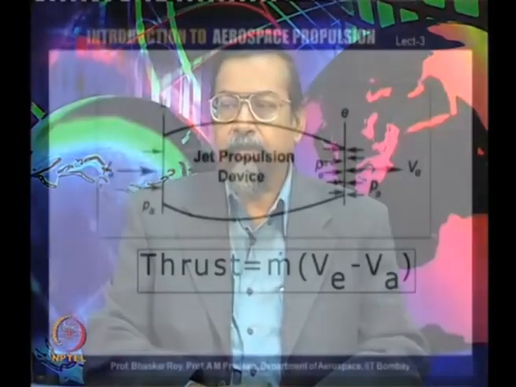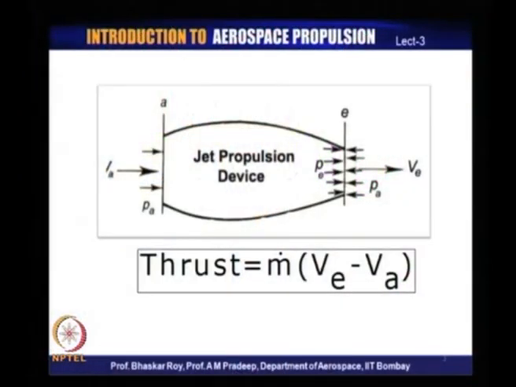The basic concept of jet propulsion comes from the simple idea that if you have a device in which a certain amount of working fluid, and in our case this working fluid is almost invariably air, all jet propulsion devices that we are talking about are essentially air breathing engines.